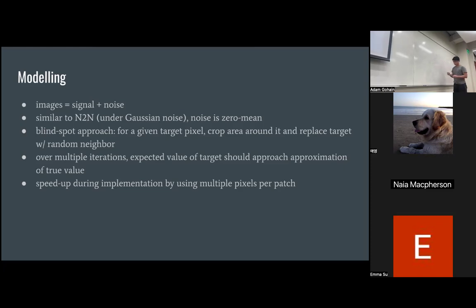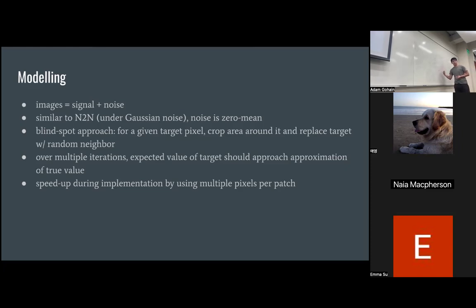To return to why this works, recall that we're treating a cell within an image as a value of S, which is the clean signal, plus a value of N, which is some noise. Recall that the expected value of the noise on average is 0.